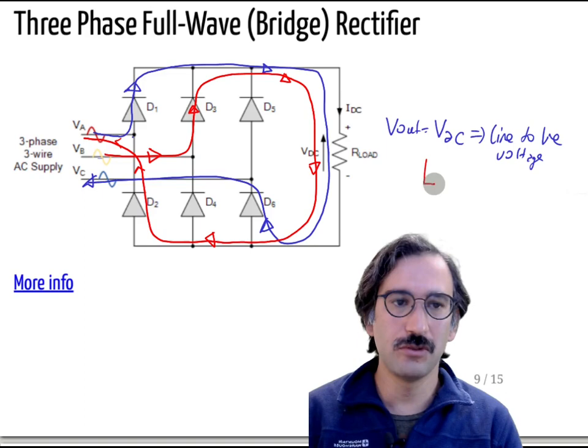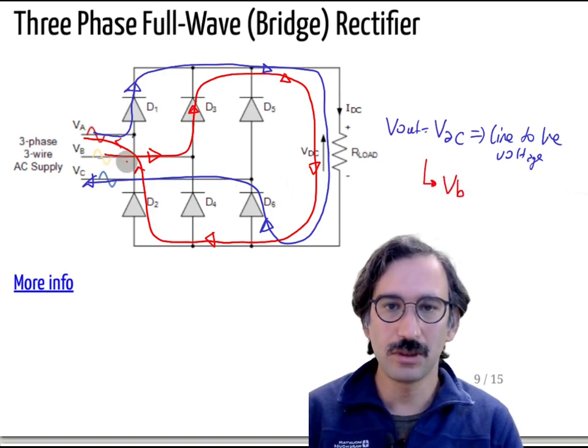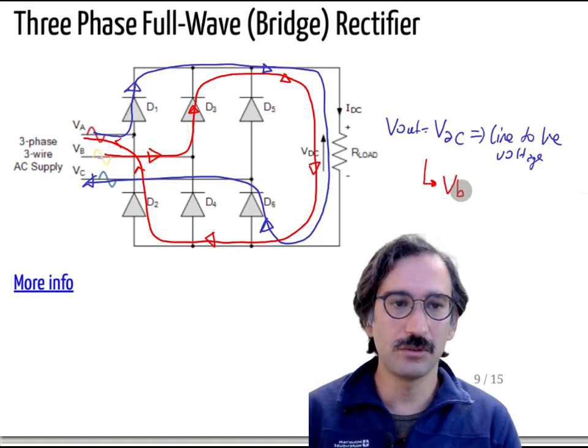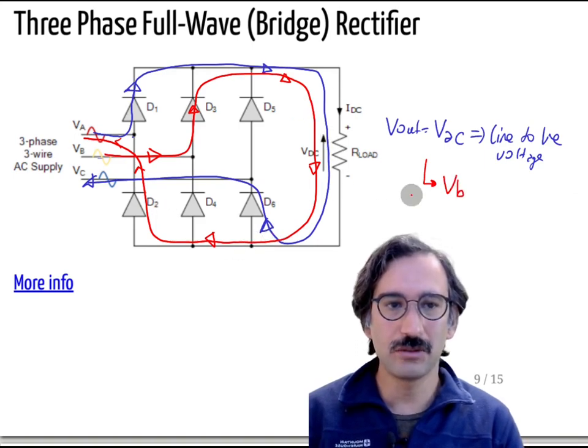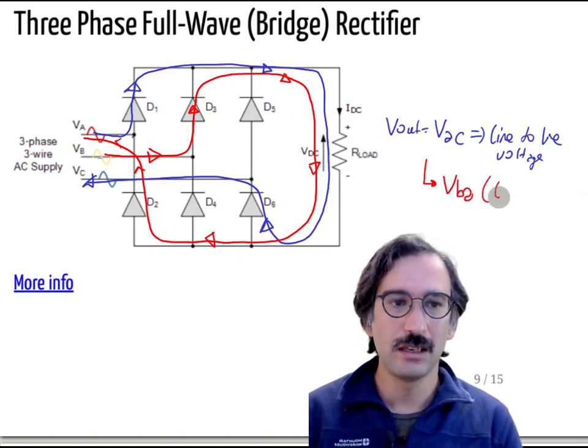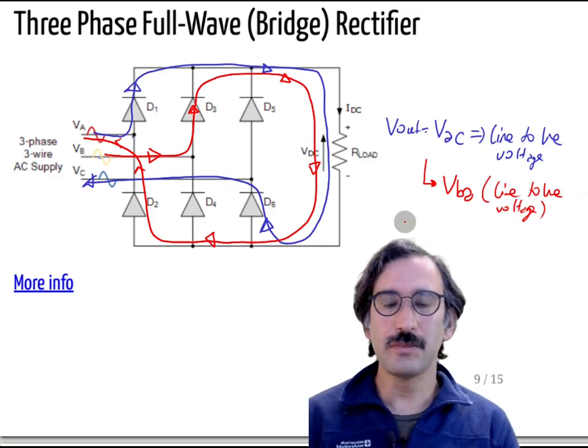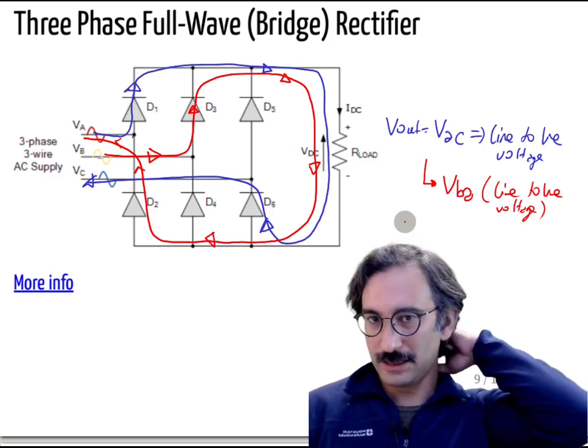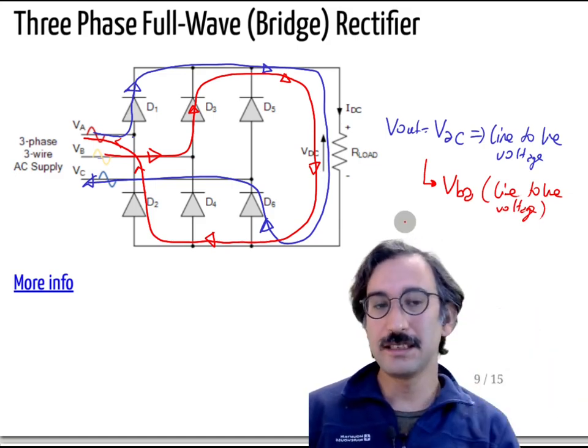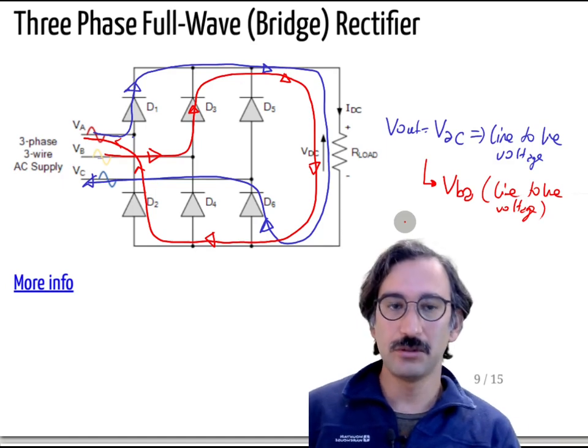So V out for the other one will be VB, because the positive one is connected to B and the negative one is connected to VA, a line to line voltage.